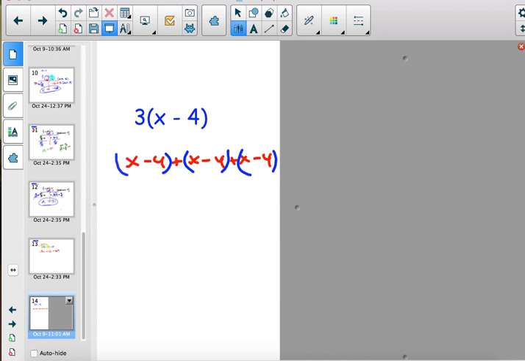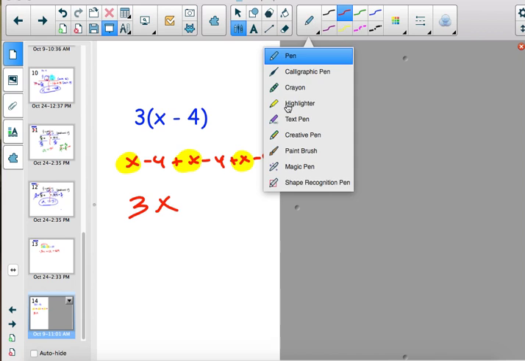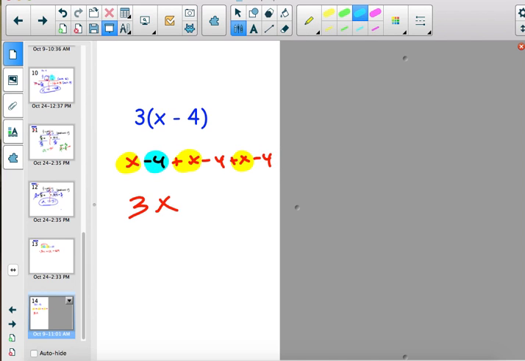If you combine all that together, what is x plus x plus x equal? What's 1x plus 1x plus 1x equal? So we're going to get 3x, and what's minus 4 minus 4 minus 4 equals -12.